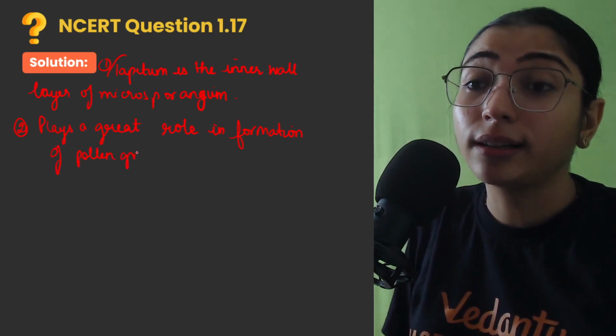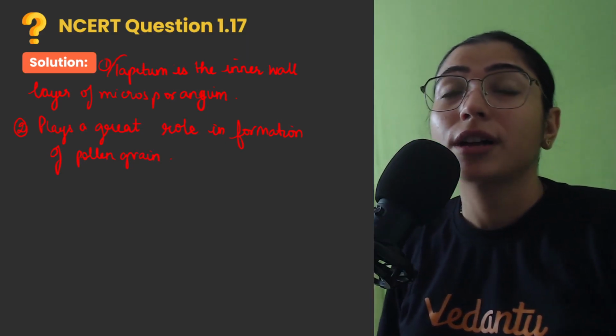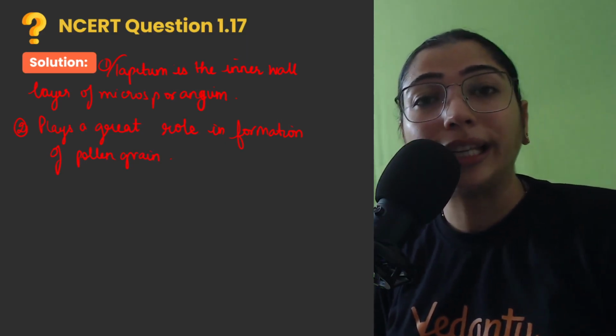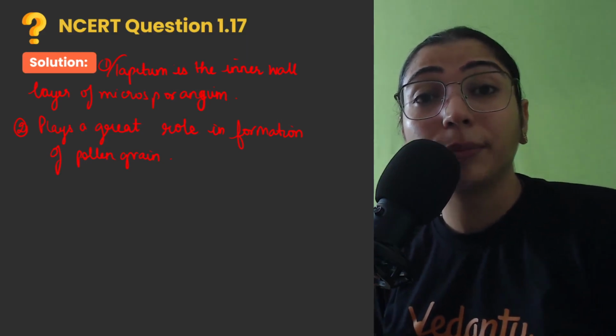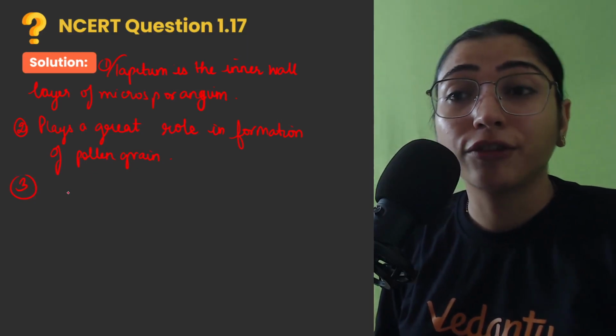And children, it is a nutritive tissue. It carries lot of enzymes, it carries lot of amino acids, proteins, carbohydrates, so that it can provide nutrition to the developing pollen grains. It plays a great role in formation of pollen grain.